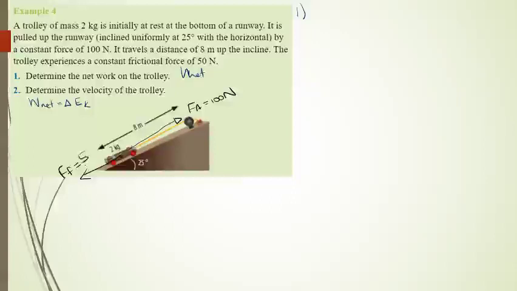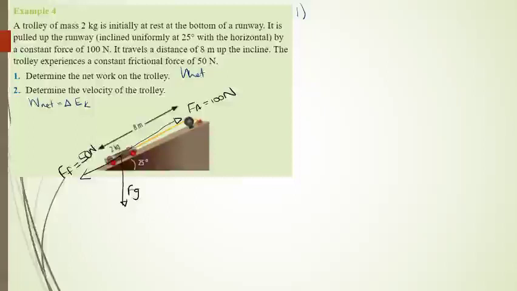So we're going to do double the amount of work to get it up this hill, right? Actually a little bit more, because we also have our gravitational force. And this gravitational force has a parallel component pulling it down even more. So we're getting pulled down quite a lot.